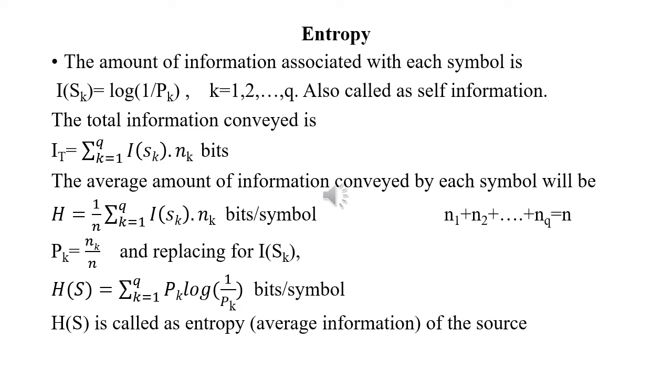The total information conveyed is given by It equal to summation I of Sk into Nk bits. Then the average information conveyed is given by H equal to 1 by N times It. Replacing for It and Pk, we get H of S equal to summation Pk log 1 by Pk bits per symbol. And H of S is called the entropy or average information of the source.